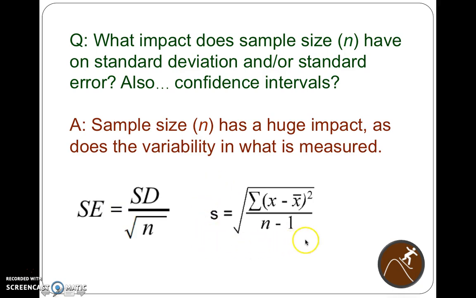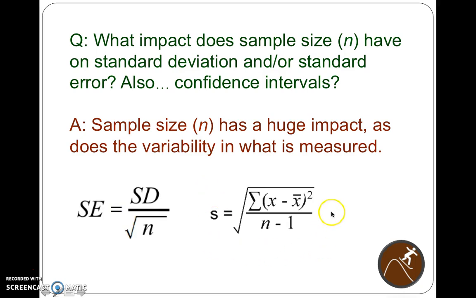All of that goes into filling out the details about S, or the standard deviation, or sigma. So that gets in there. And then look what we got here. Standard error, standard deviation, and n again. So n is actually kind of buried into this equation twice, through both right here, which is all up there, and right here. So sample size has a very big impact on the standard error.